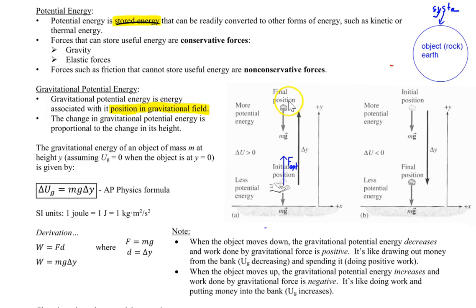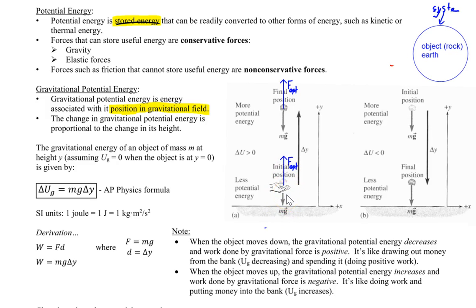Hence, when I get to the final position, I'm still applying that force upwards. And when you look at this object, there are two forces acting on it. There's the external force provided by my hand on the rock, and then we have the force of gravity acting downwards, mg. And since I'm moving upwards at constant velocity, there's no acceleration, and so this force and this force must be equal to each other.